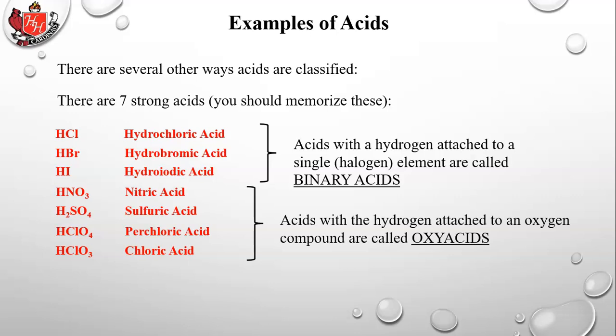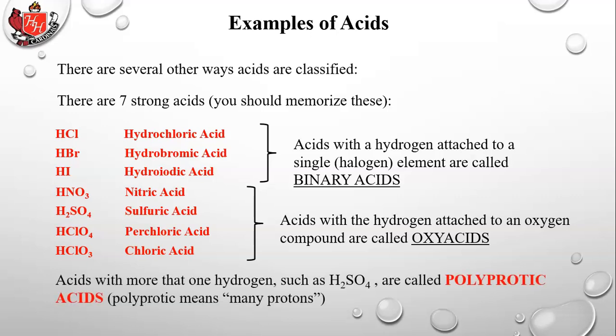Down below, the acids with hydrogen attached to an oxygen compound are called oxyacids. So nitric, sulfuric, perchloric, and chloric acids are oxyacids. Acids with more than 1 hydrogen, such as H2SO4, are called polyprotic acids. Polyprotic means many protons.